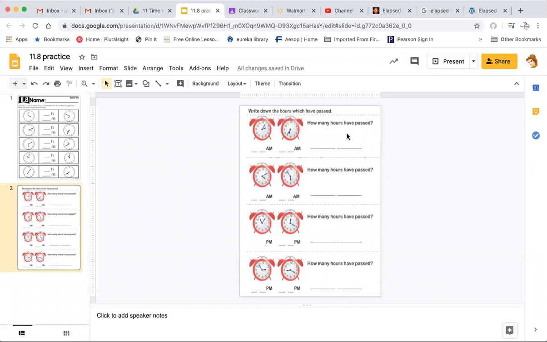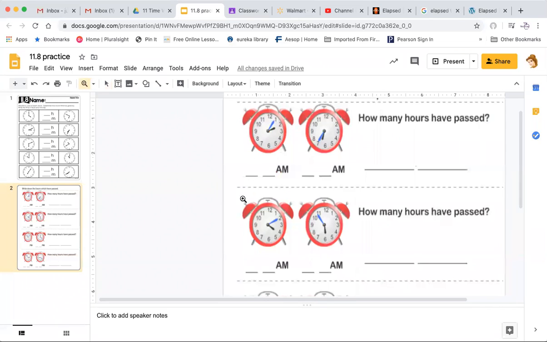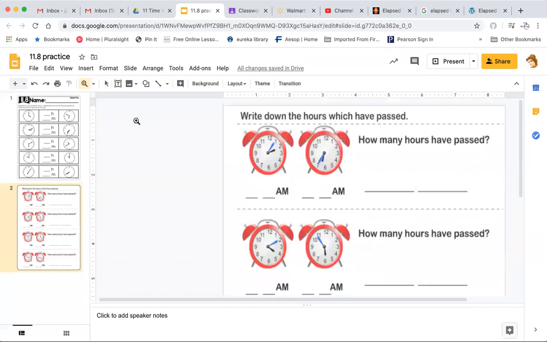The first thing you're going to do, and this is going to be like your worksheet today, is you'll have 2 clocks, and we need to know how much time has passed. I'm going to zoom in just a little bit. If I look at my first clock, I see my hour hand is at the 2.